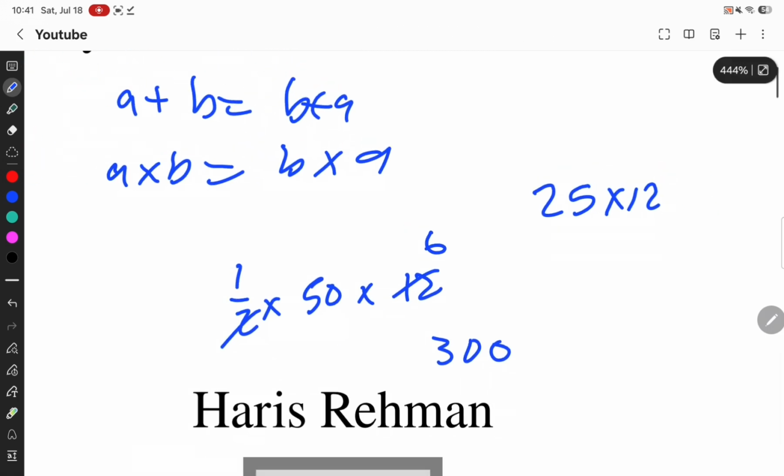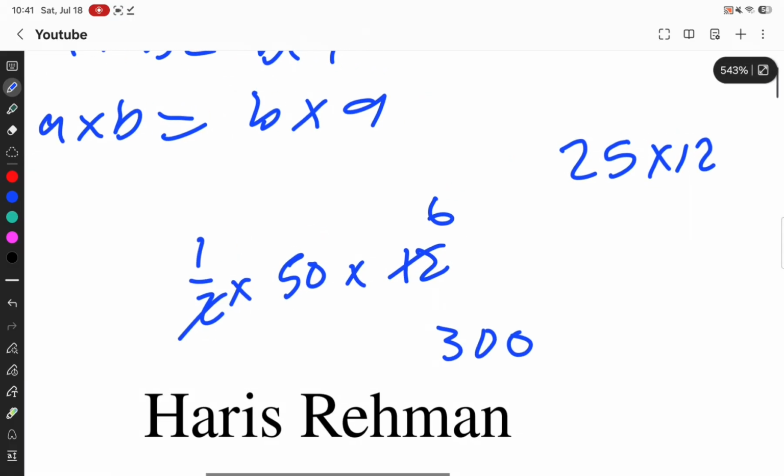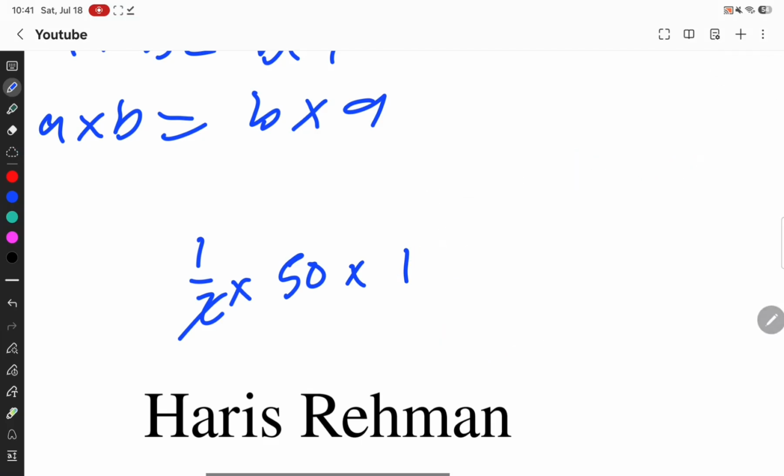This is the commutative property, because, like I said, in BODMAS you evaluate left to right. But if I'm careful, I can swap the order of 12 and 50, and then evaluate from left to right.